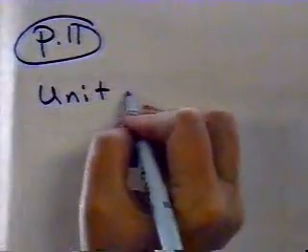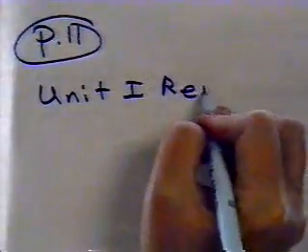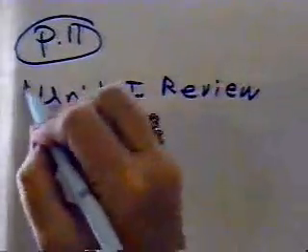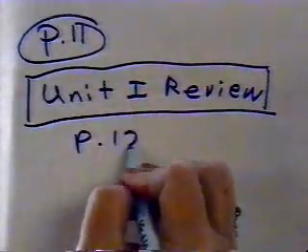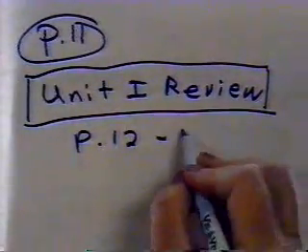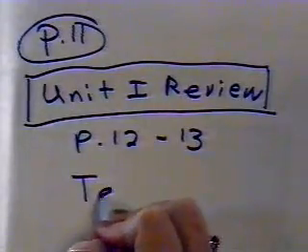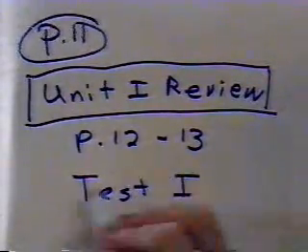The homework on these problems will be page 11. But if you look after that, there is also a Unit 1 review. Make sure you look at the Unit 1 review because our first major test is Monday.